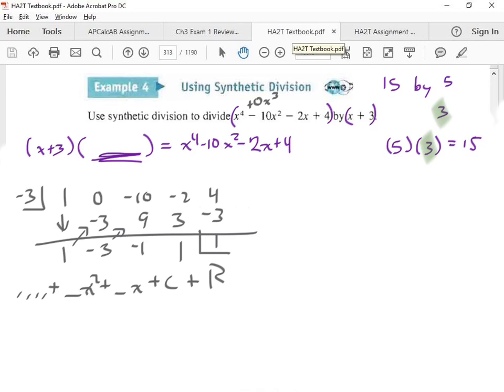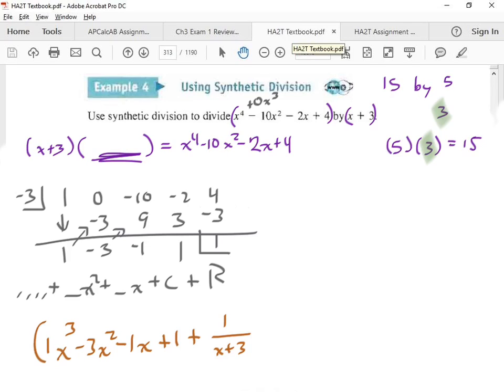So this is my answer. Our remainder is 1, which is 1 over x plus 3. That was our remainder right here. And then you have the constant, and then you have the negative 1. What's next? Negative 3 x squared. And then x to the 3, and it's just a 1.